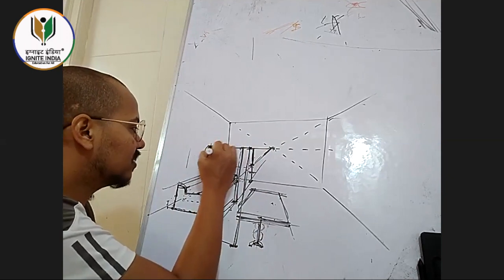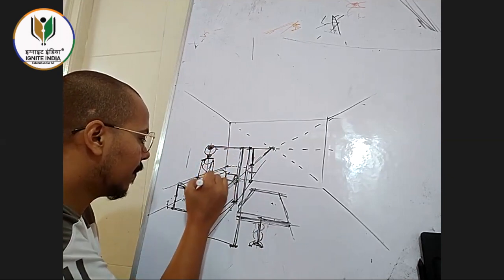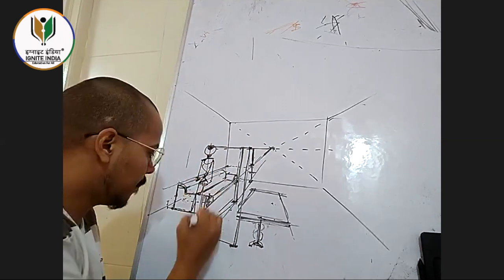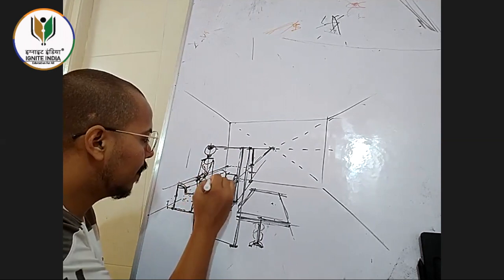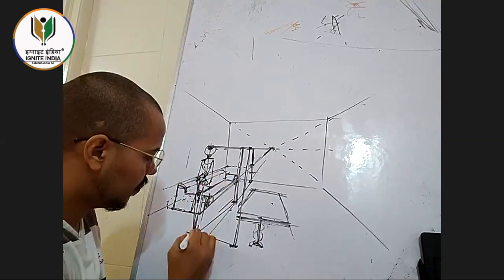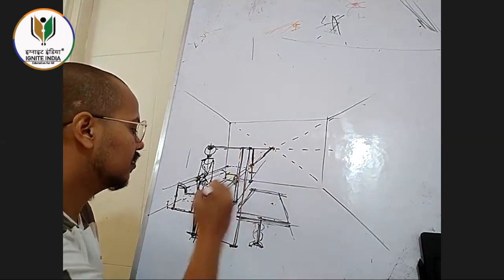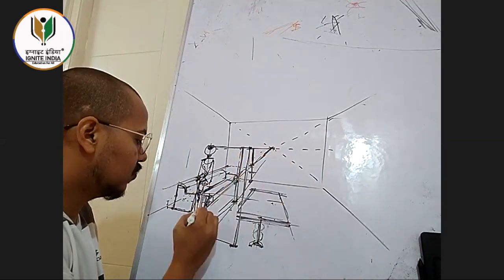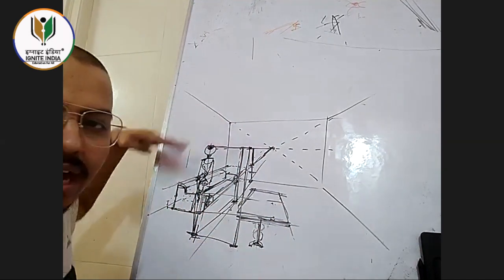So the person has to stand here for this part. Okay, and we'll join half of that, the knee, half of that. So understand this relativity of the height and the size.